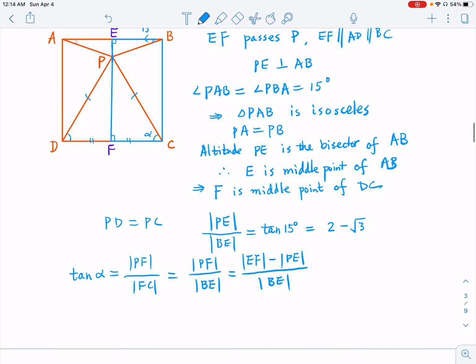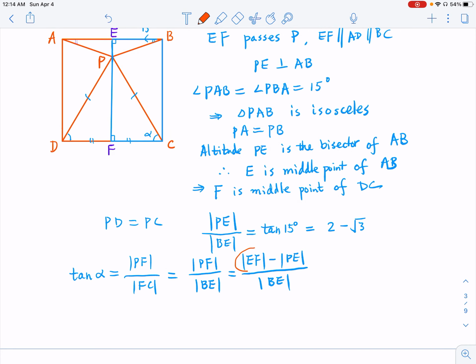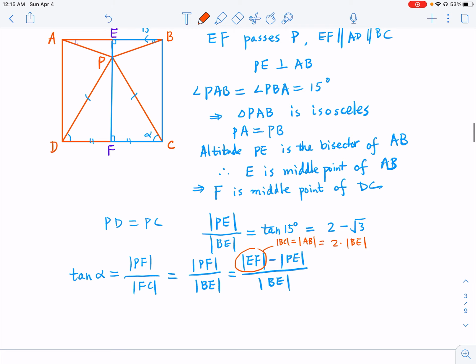So here we can replace this with BC, but BC equals AB because it's a square, and AB equals twice BE, since BE is a midpoint.